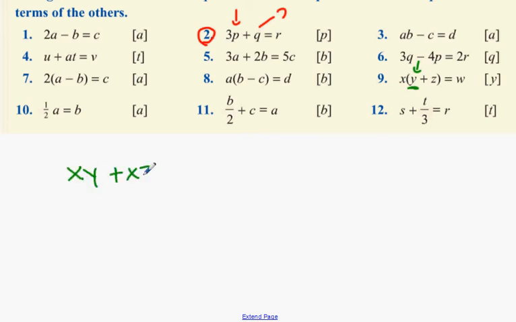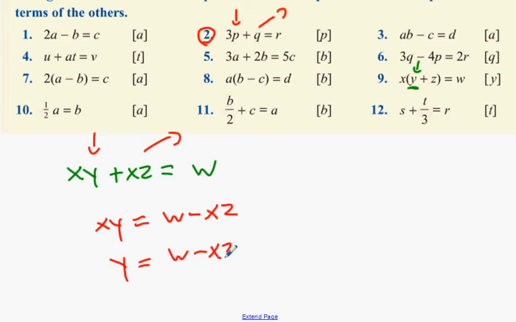Plus xz equals w. The whole goal of the question is to get the y on its own. Xz goes to the other side. And then the last thing to leave the y is now the x. So bring the x underneath. W minus xz all over x.